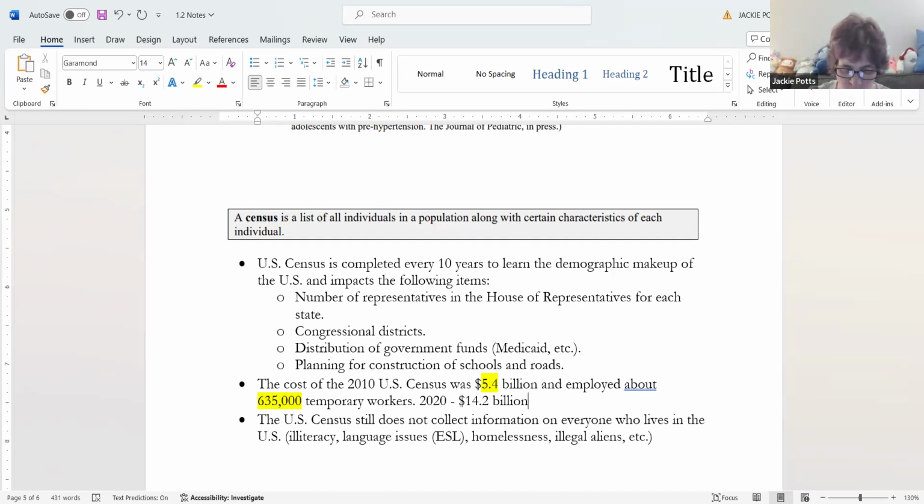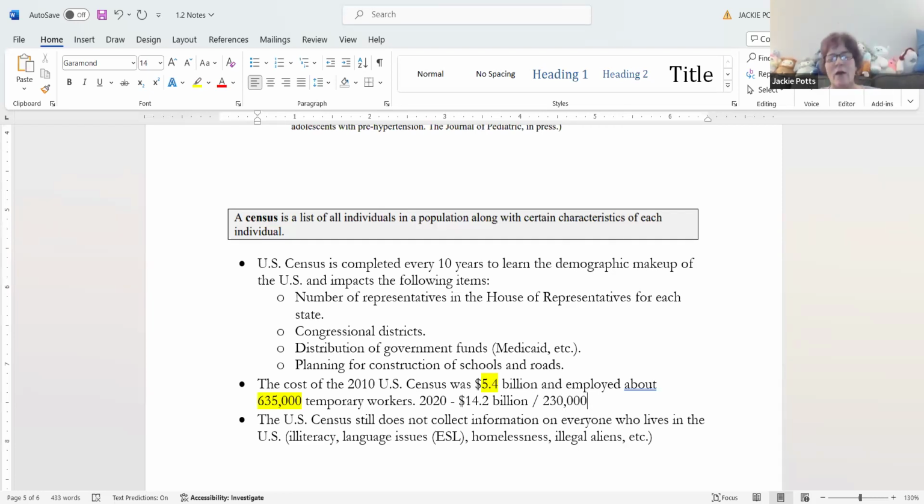And I'm looking up the temporary workers. And this is the part that got me.